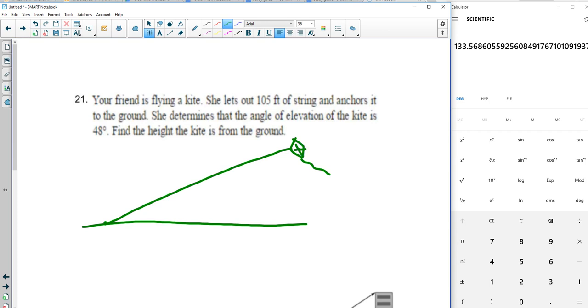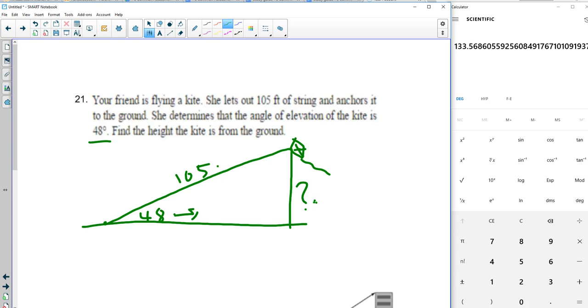Okay, so this angle she determines is 48 degrees. And the length of the string is 105 feet. So how high is that thing off the ground? Well, this side over here is opposite of this angle. This angle, so it's looking away, so that's the opposite side.